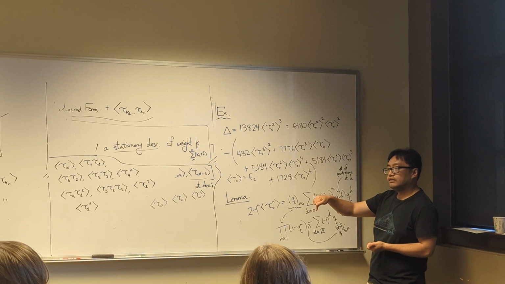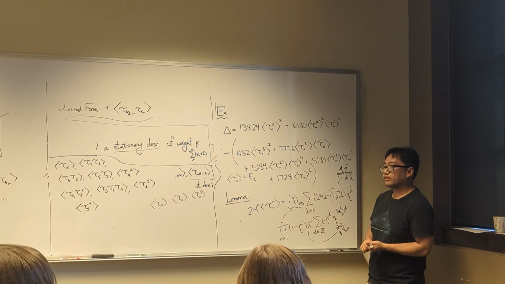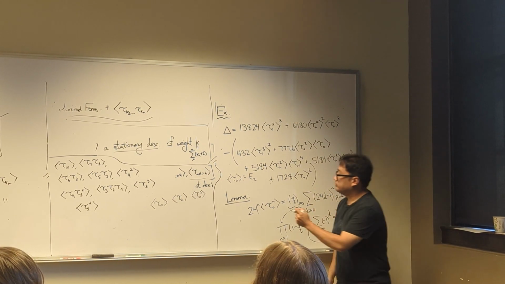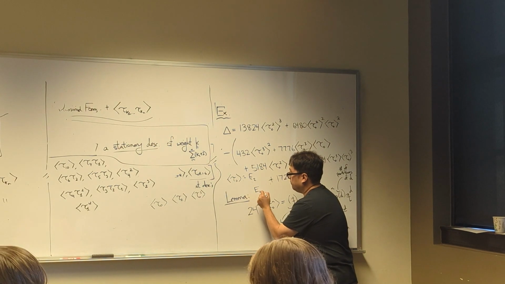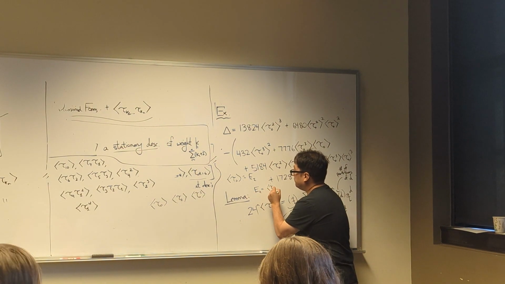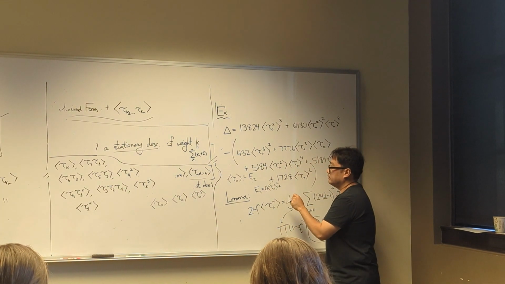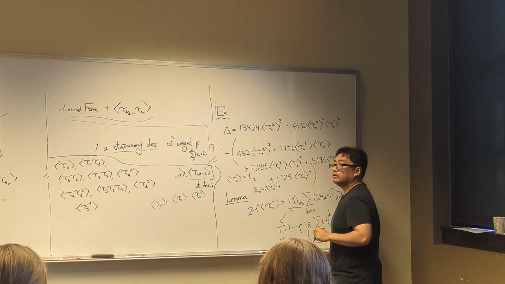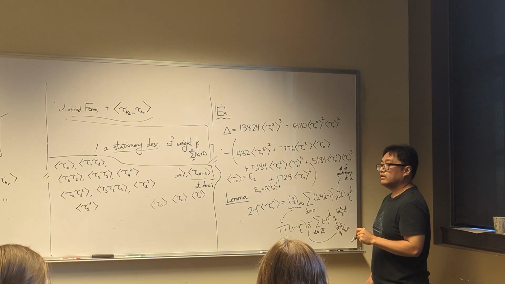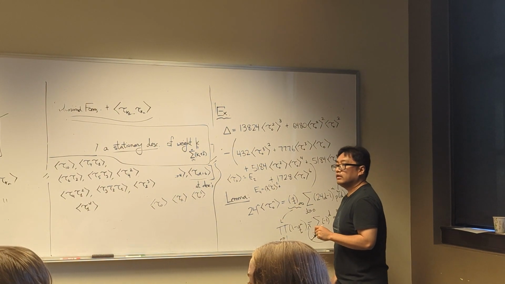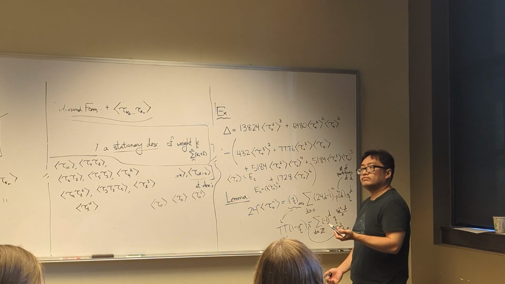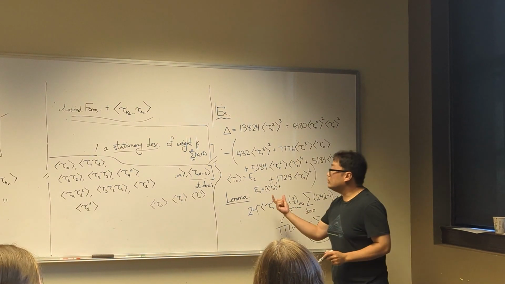So for E4, in principle it should be a polynomial that has some tau naught squared term, right? But one could ask, could I make E4 without using the quasi-modular one, using only things of weight 4, like tau 2 and tau 1?